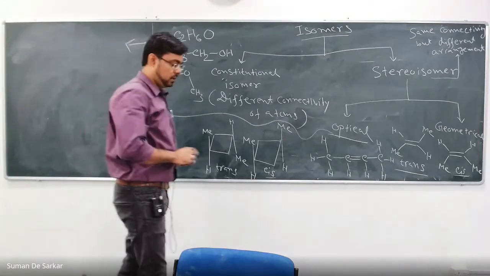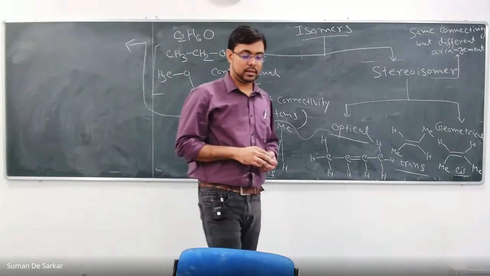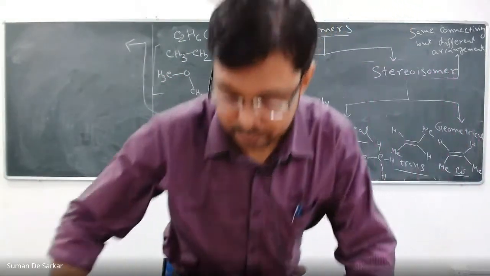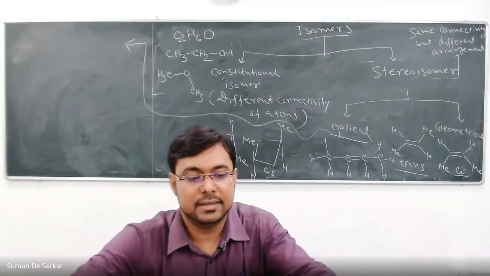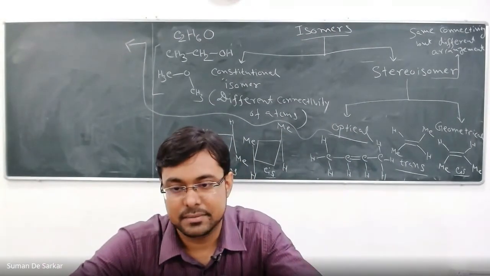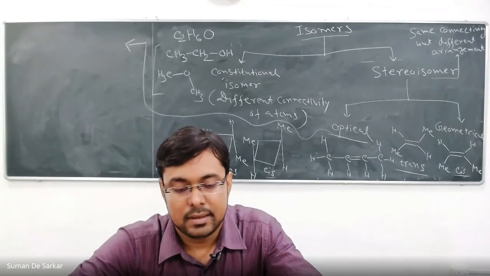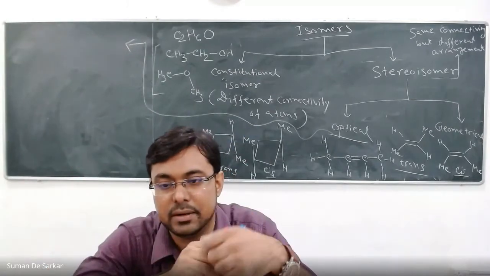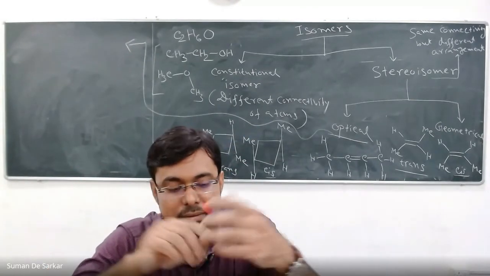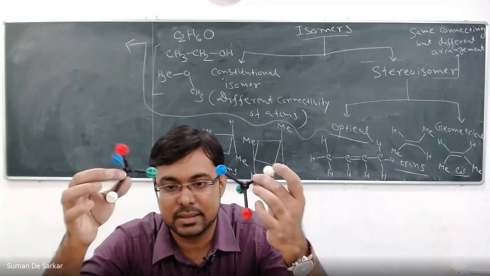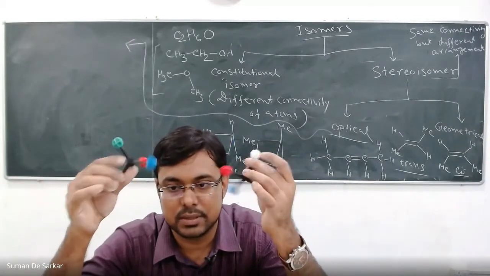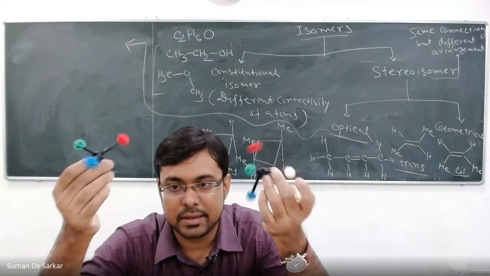Actually, optical isomers came from optics, which means light, and from mirrors. Optical isomers are nothing but the stereochemistry of mirror images. All right. At the beginning, just for explaining the theory of Van 't Hoff, we discussed this with these models. Let us come back to this.